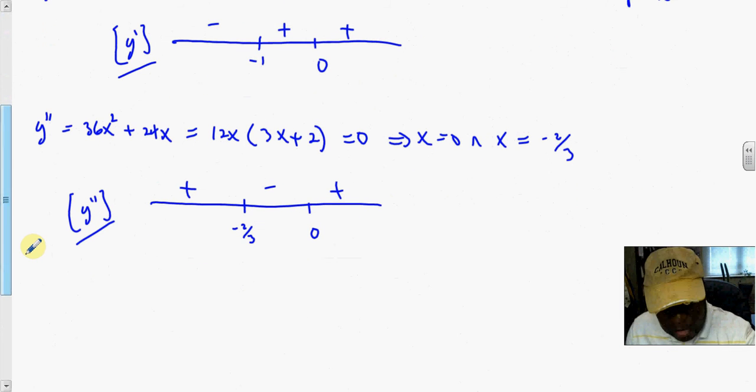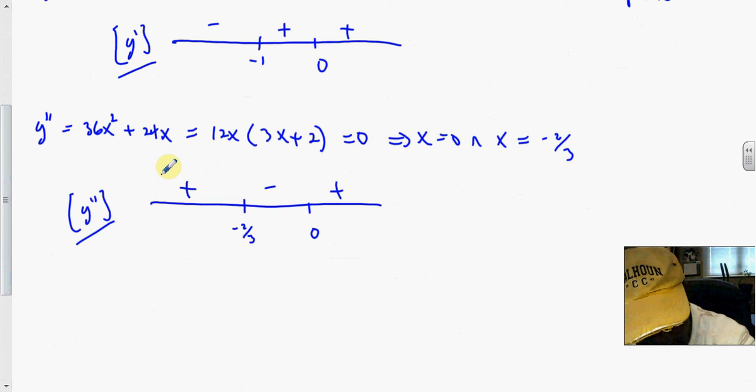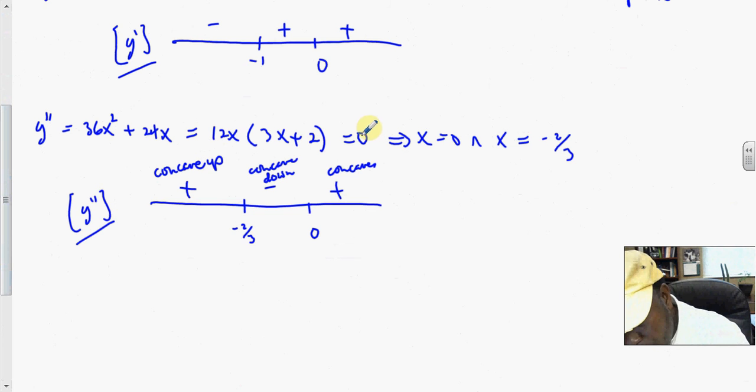What that tells us is that here this is concavity. Concave up, concave down, then here concave up.